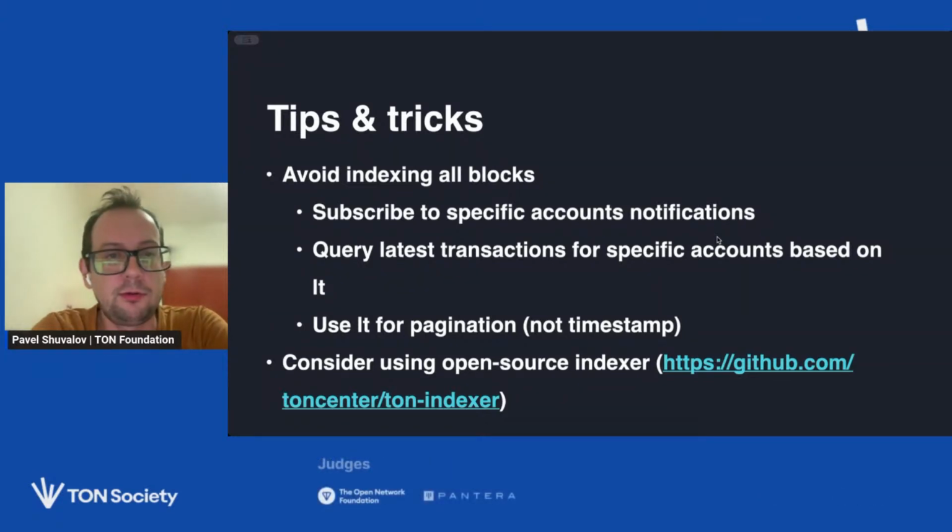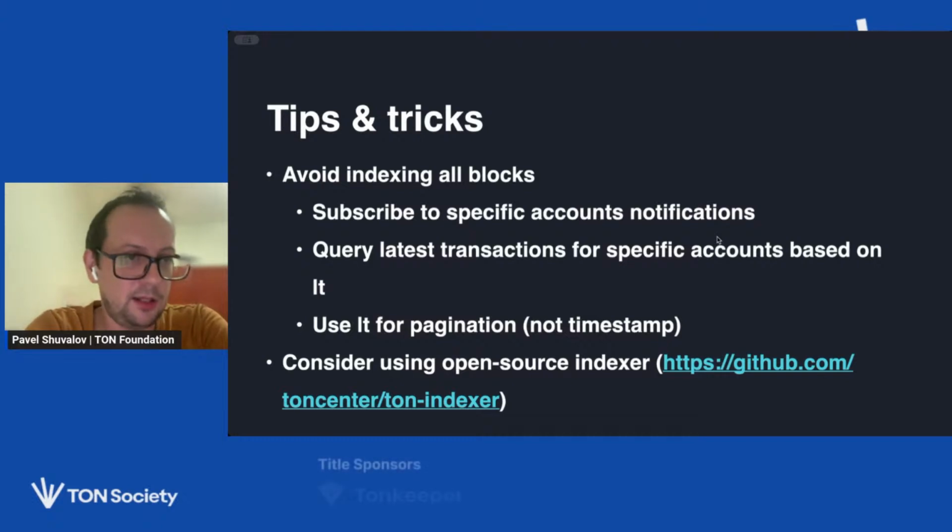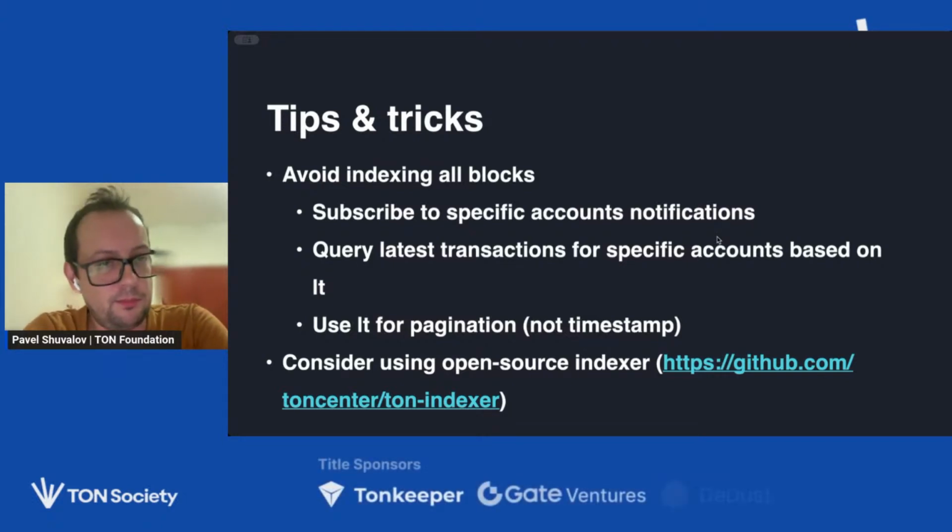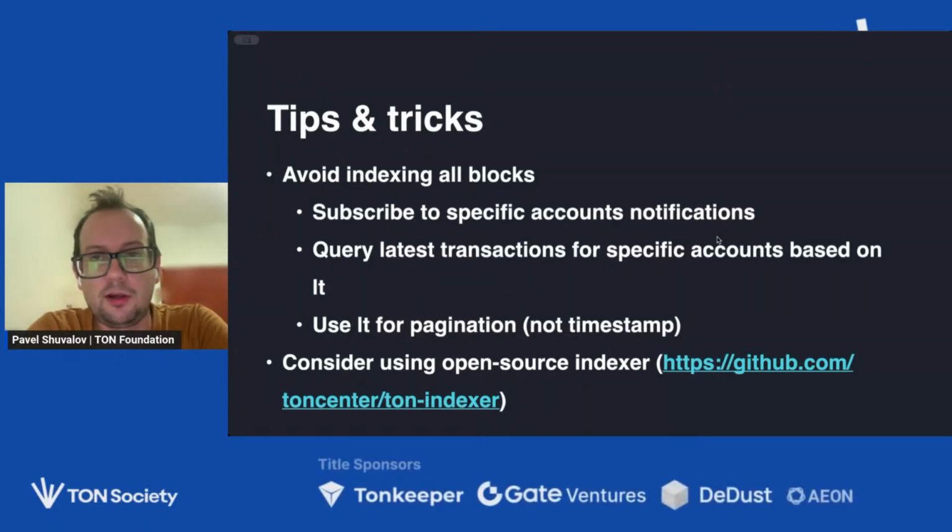For example, you can subscribe to specific account notifications. For example, you have a master smart contract or multiple vaults with some activity. Also, you can query only the latest data, latest transactions for specific accounts. And when you're querying the latest data, it's better to use logical time, LT.